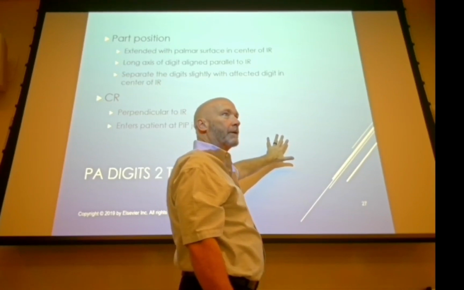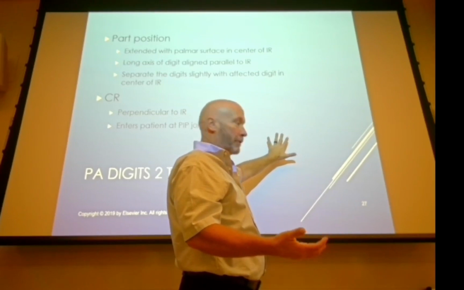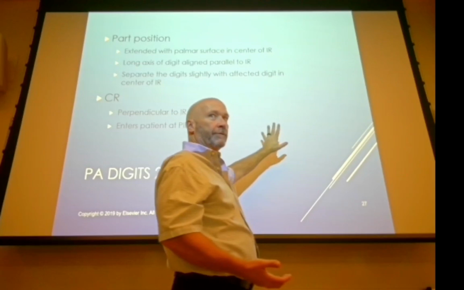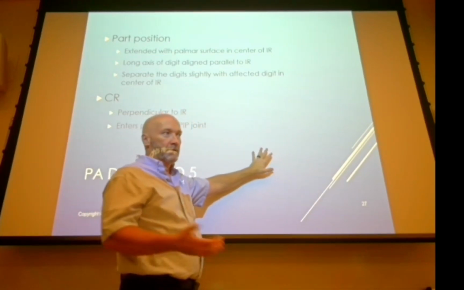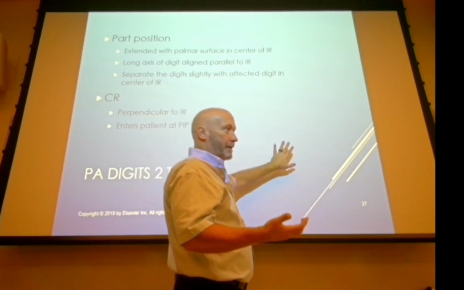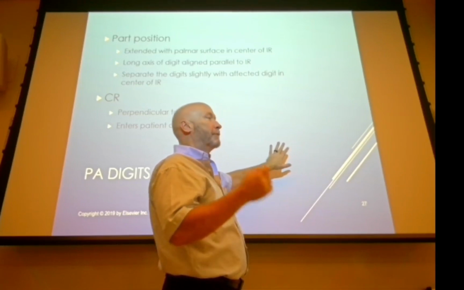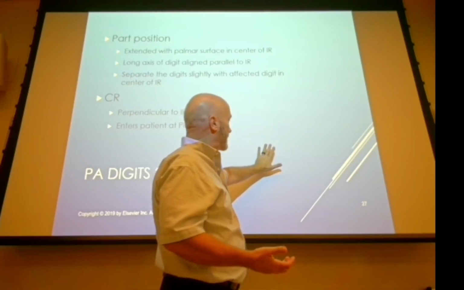All right, so our obliques, though, are going to be what kind of degrees? 45. And the direction that we're going to oblique depends on the finger itself. Okay. Full disclosure, it doesn't really matter, if you're in a pinch, which way you go with it. But for textbook purposes and for testing purposes, it does. Okay.